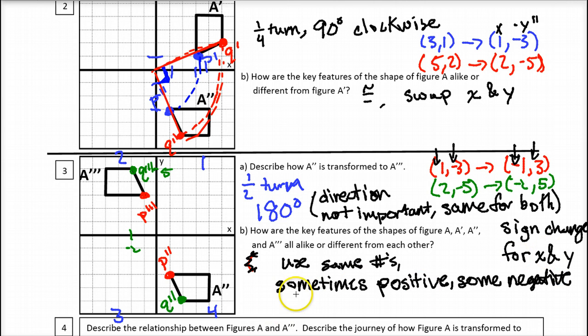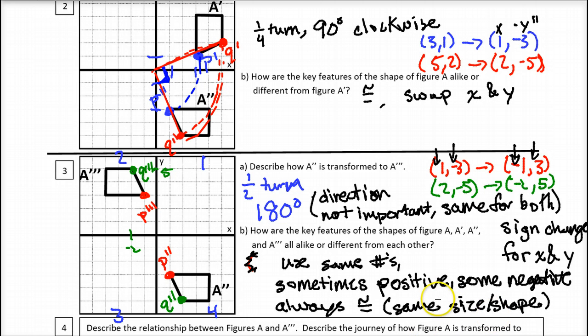All right, and also this should be kind of there for you, but I'm not sure if you're catching it. It's always congruent. We always got the same size, same shape. So always congruent, which means the same size and same shape. There you go.